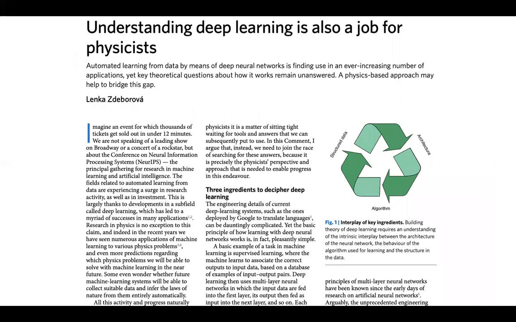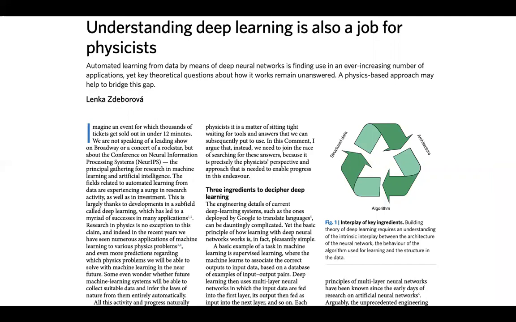This is an opinion piece in the journal Science, actually from a physicist, where the physicist calls on fellow researchers in physics to use their skill set to help understand the challenges in deep learning, or even work towards finding a theoretical foundation for deep learning.